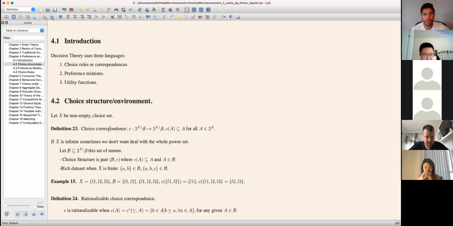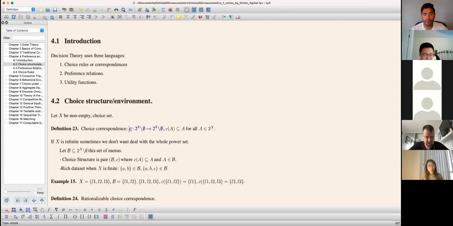Now, what is a choice correspondence? So a choice correspondence is a mapping from the power set of this set minus the empty set to the power set. So in other words, if I take C, the choice correspondence of a menu A, being a subset of X, then the choice correspondence has the restriction that this is a subset of A. Okay, so in other words, a choice is just a subset of a menu.